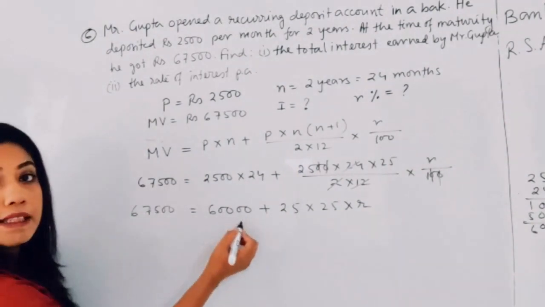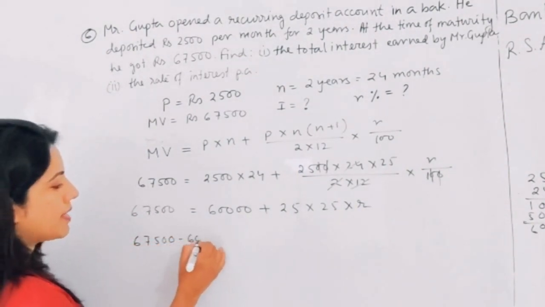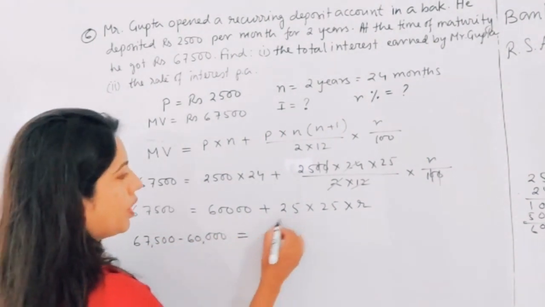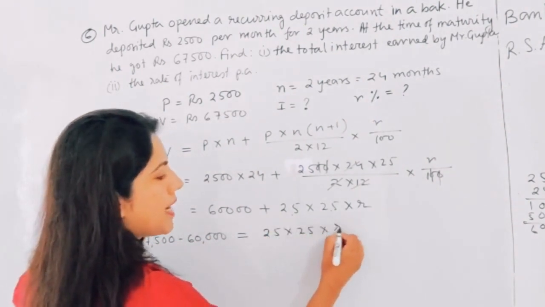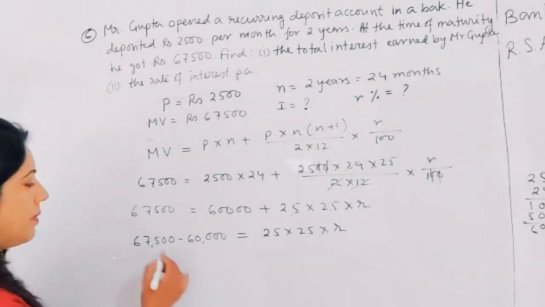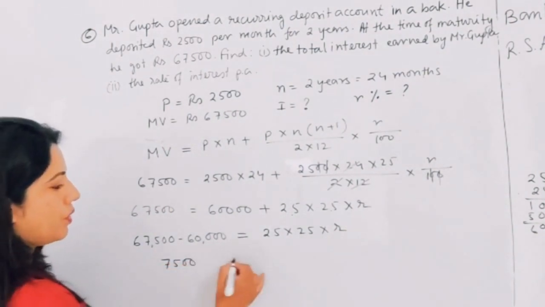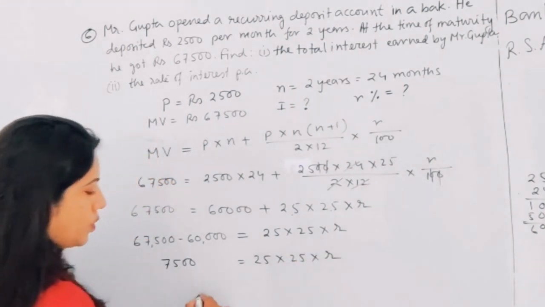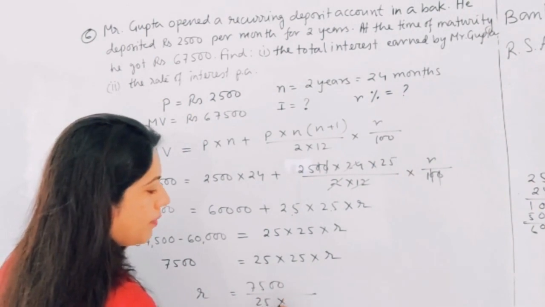67500. Get 60,000 this side, 67500 minus 60,000 will give you 25 into 25 R. I am not multiplying this because as it is going to cancel in the next step. This if you subtract, you will be getting 7500 is equal to 25 into 25 into R. So R would be equal to 7500 divided by 25 into 25.